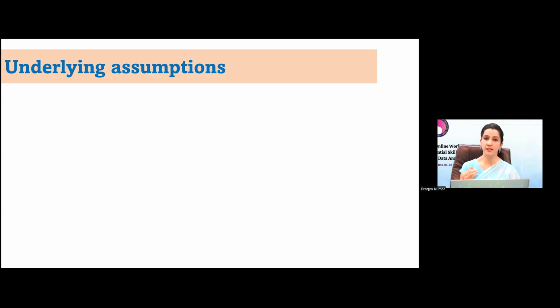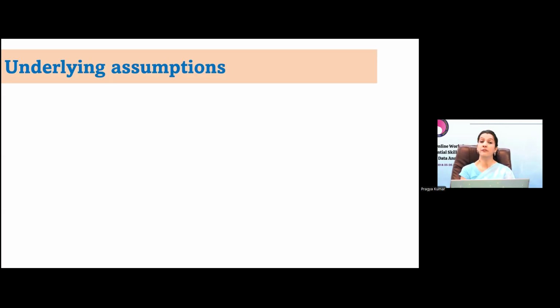It is like the foundation, the beginning. But again, you will see that many people miss on this chi-square because it is considered to be a very easy test to perform and interpret.